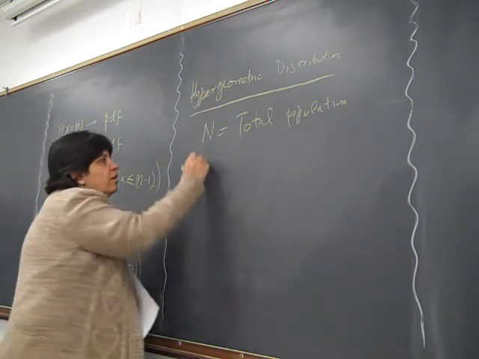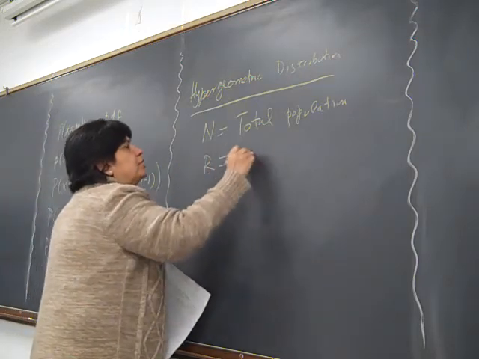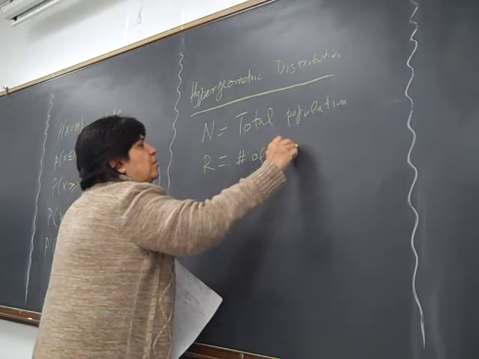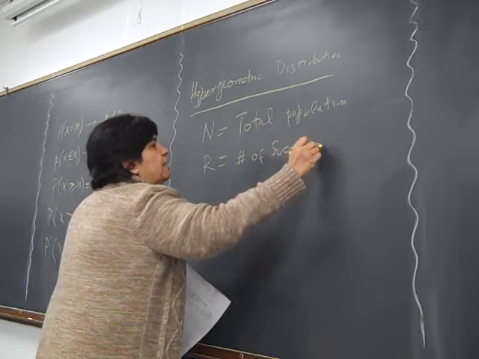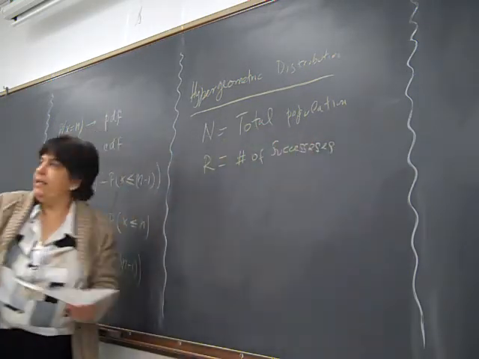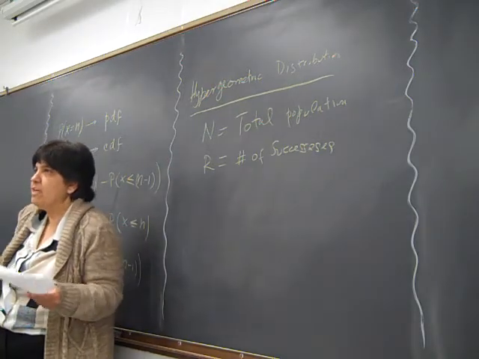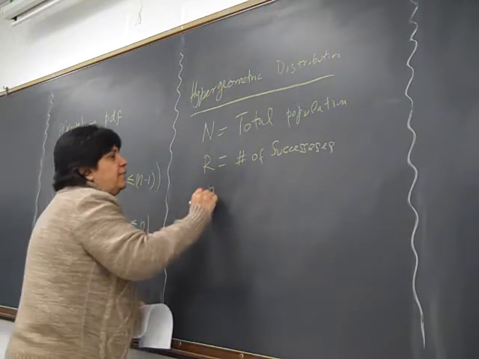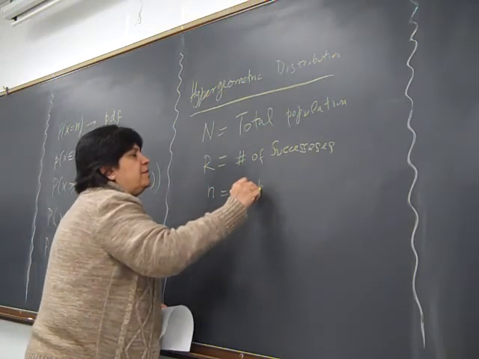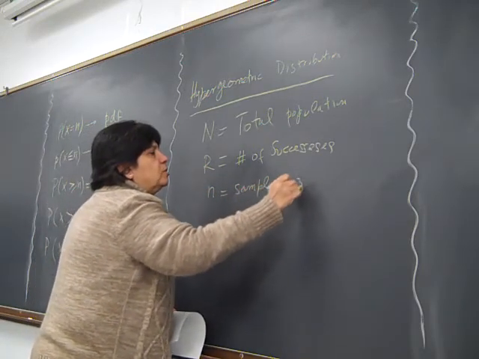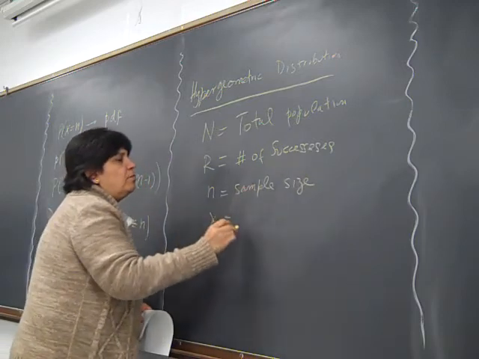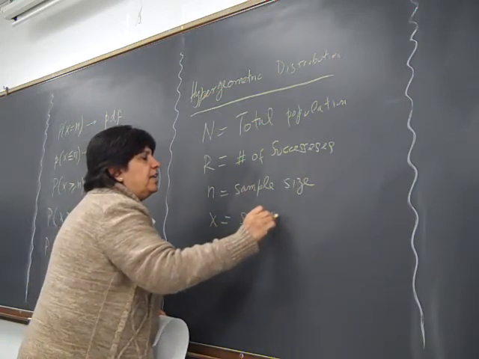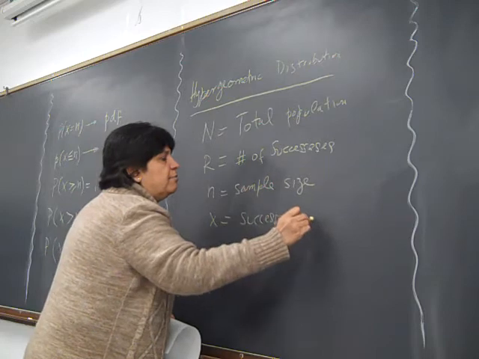We have R, that is the number of successes in my population. How many successes I have. n is my sample size, or the number of elements that I'm going to extract. And X is the number of successes that I want to get in the sample.